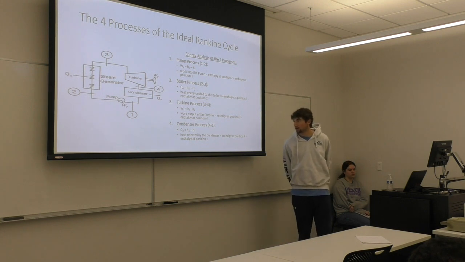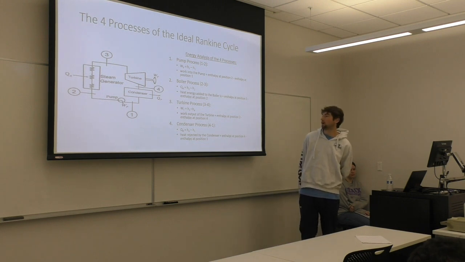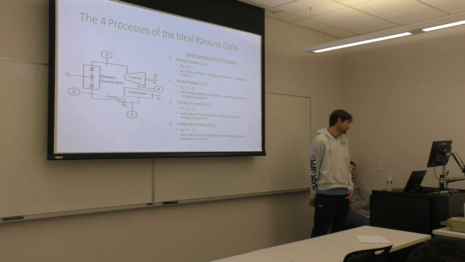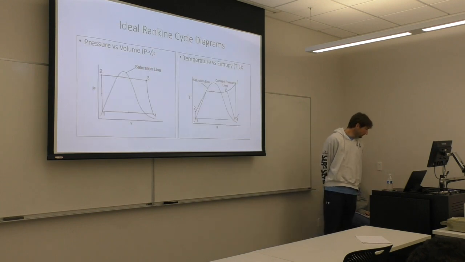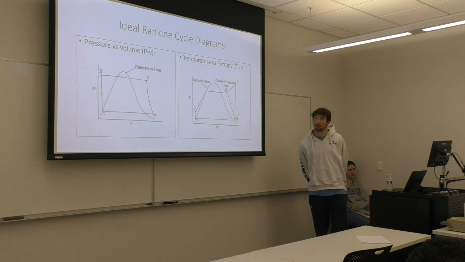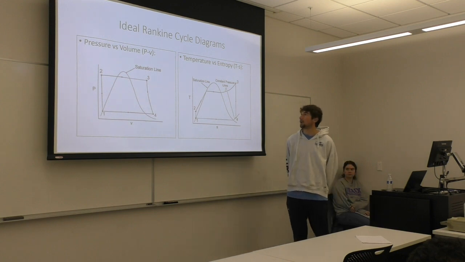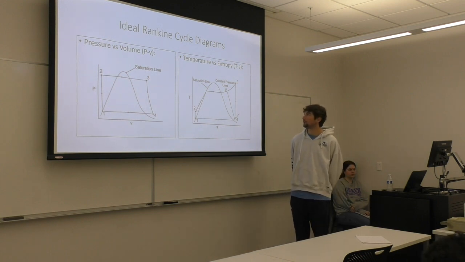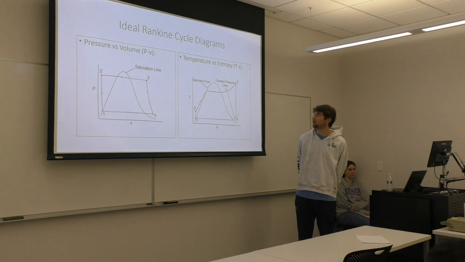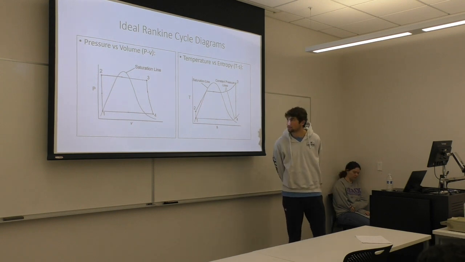And for the condenser, the heat rejected is enthalpy of 4 minus 1. So here's a PV and a TS diagram of an ideal Rankine cycle, and you can see the 4 processes going around both of those.